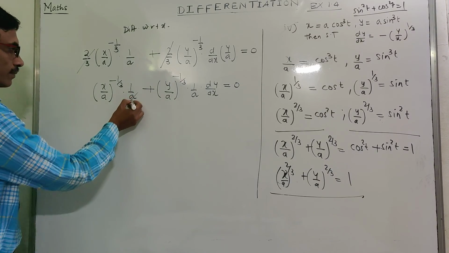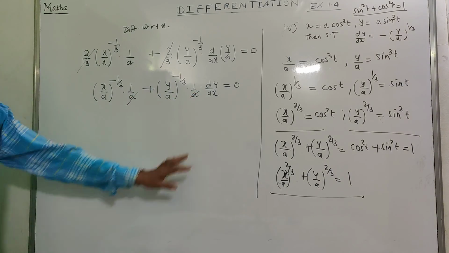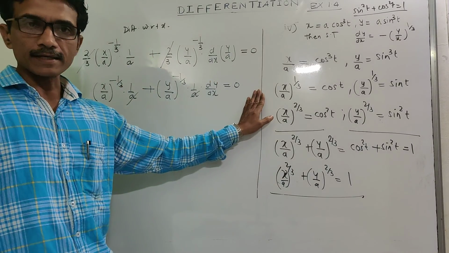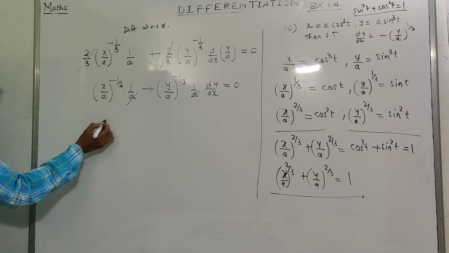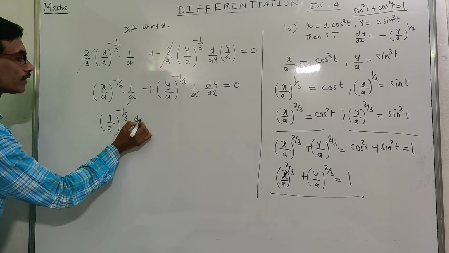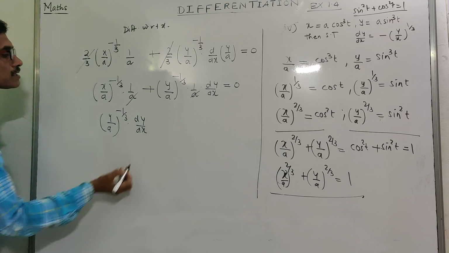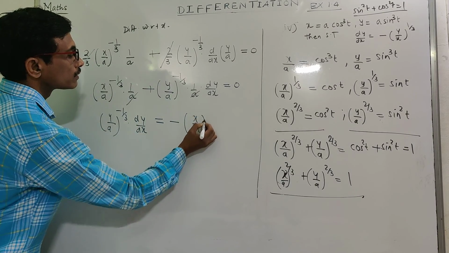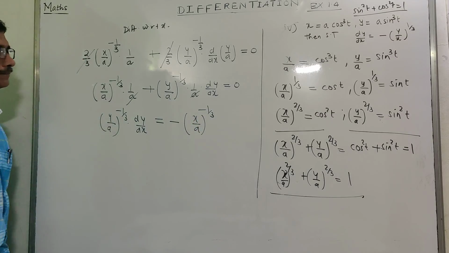Again this 1 by a is getting cancelled. We require dy by dx, so we take the other term to the right hand side: y upon a raised to power minus 1 upon 3 dy by dx is equal to minus x upon a raised to power minus 1 by 3.